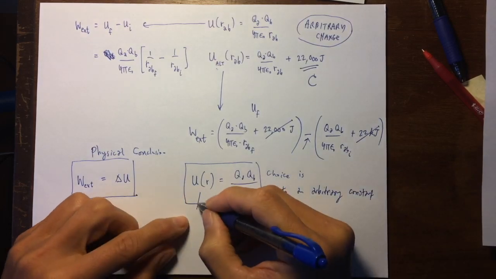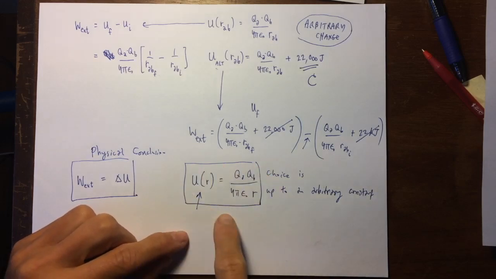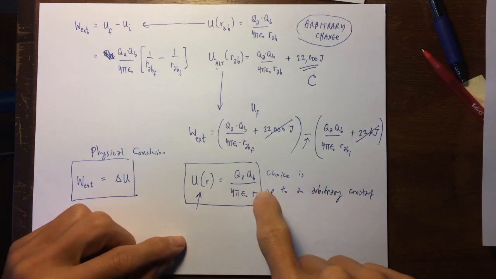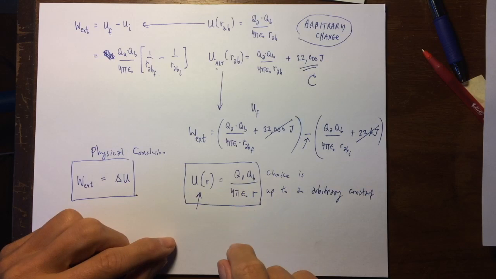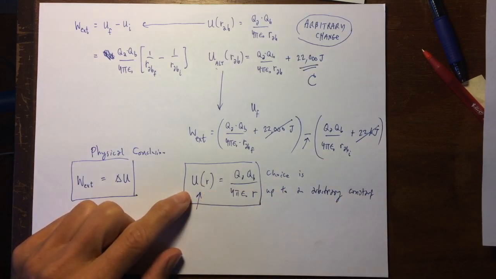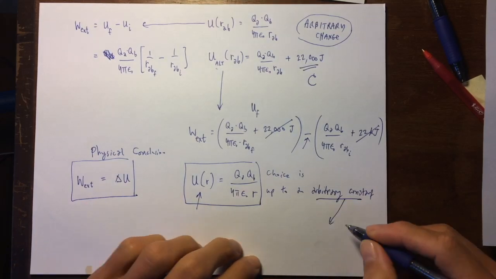So this is not strictly physical. What is physical about this is actually the dependence on the charges and the R. So it's sort of the functional dependence. It's not the zero, which is what the arbitrary constant is.